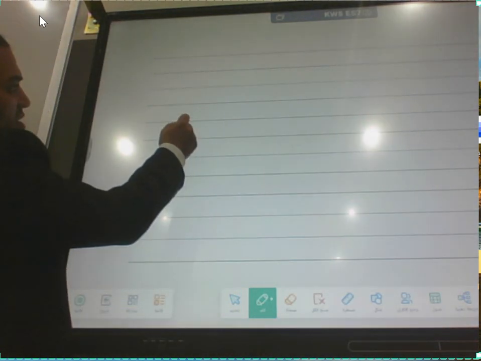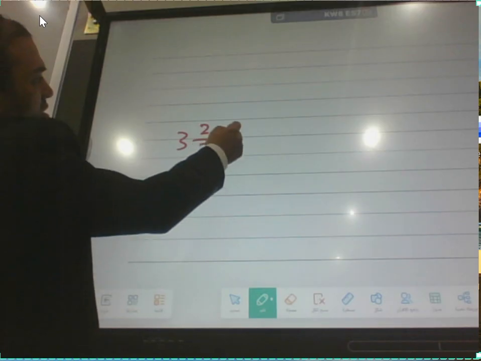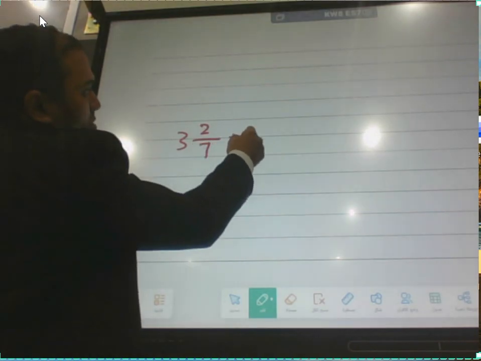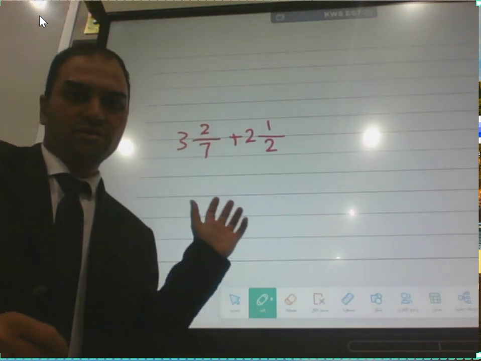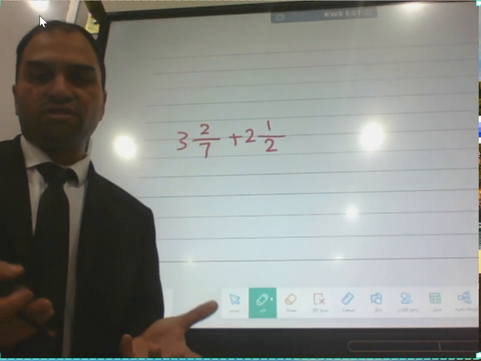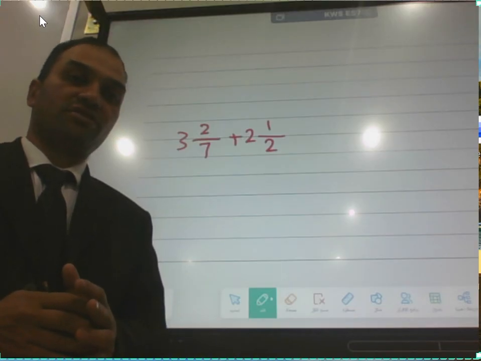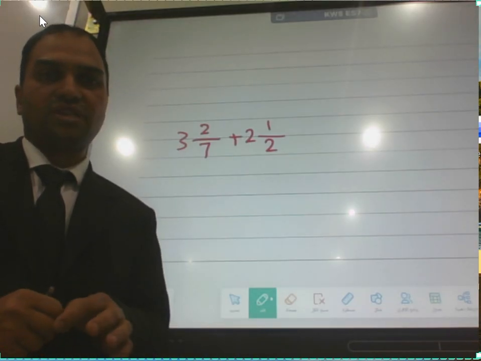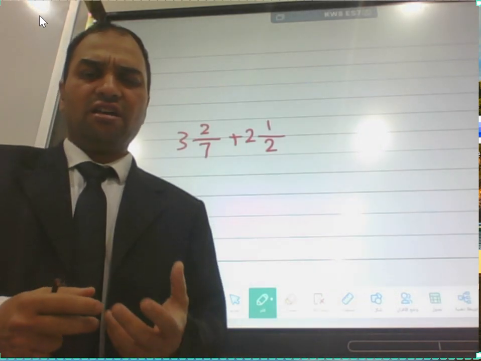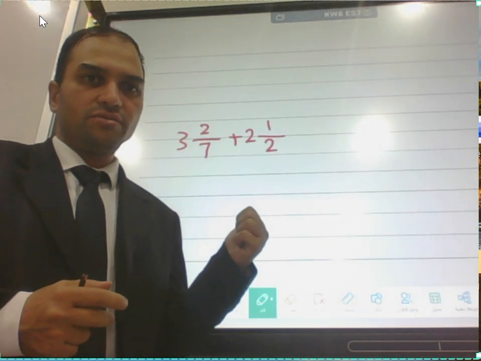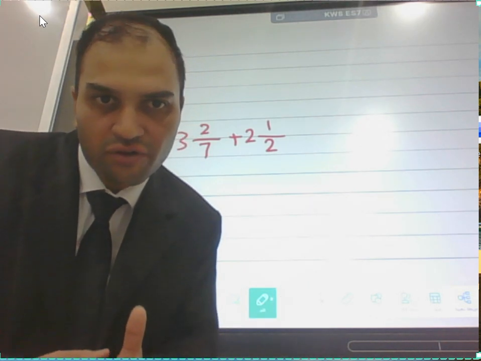Next question, we can find 3 and 2 over 7 plus 2 and 1 over 2. We also have two different denominators, 7 and 2. 7 can't be divided by 2, so their product, 14, is the least common multiple. And 7 and 2 we call relatively prime numbers, so the least common multiple is their product. 2 times 7 equals 14, okay?